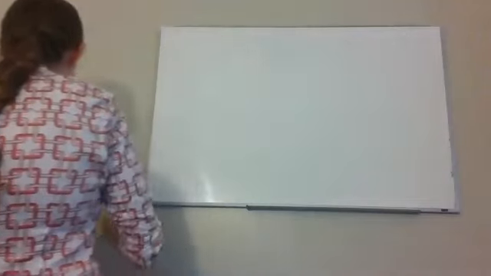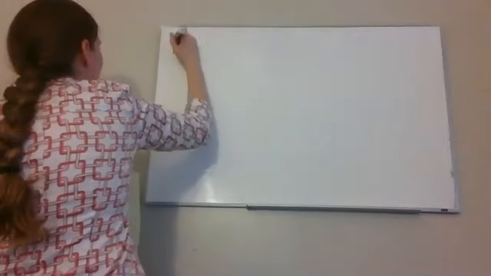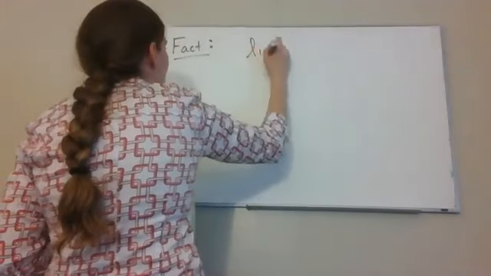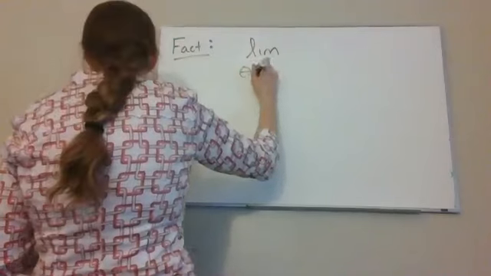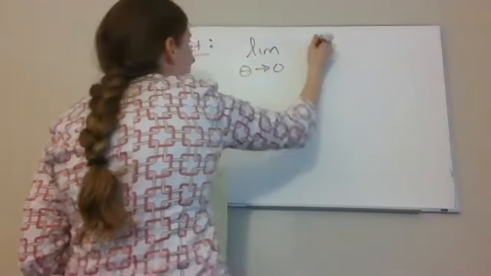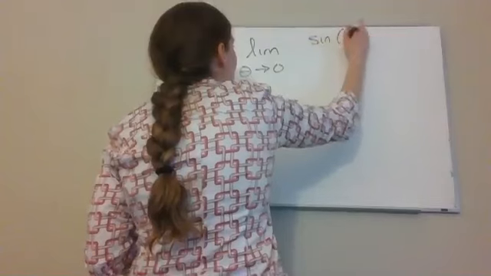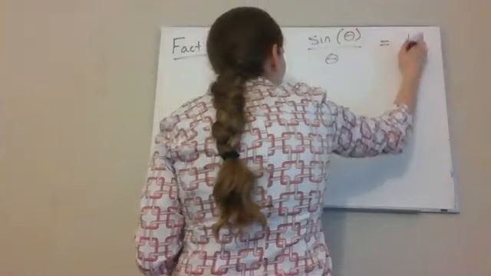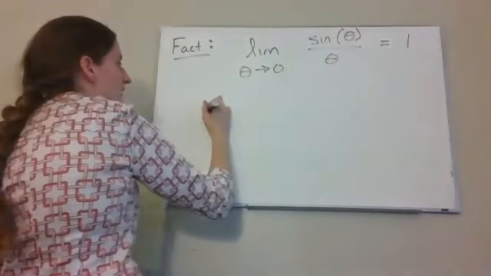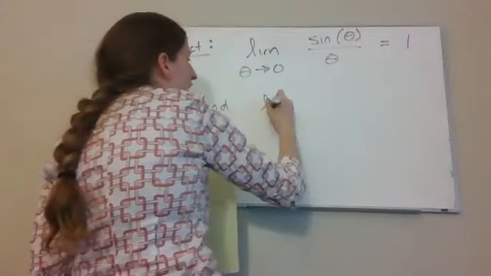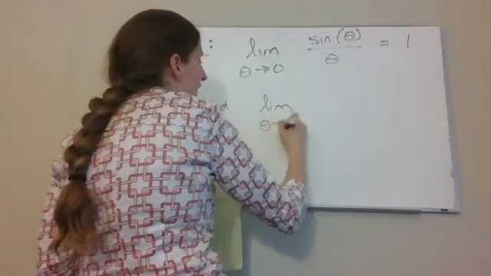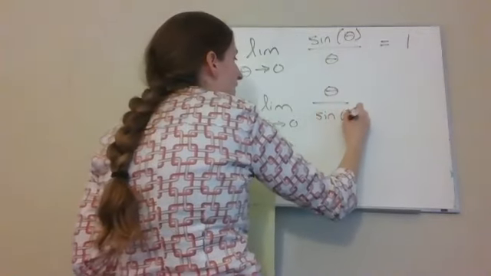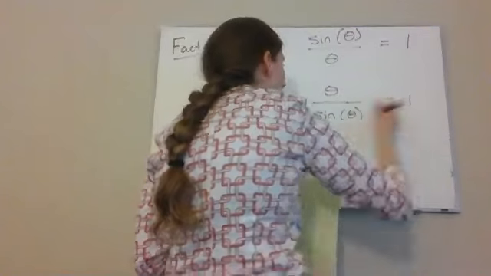So here's an interesting fact for you. The limit as theta approaches 0 of sine of theta over theta is equal to 1. And we also have that the limit as theta approaches 0 of theta over sine of theta is equal to 1.